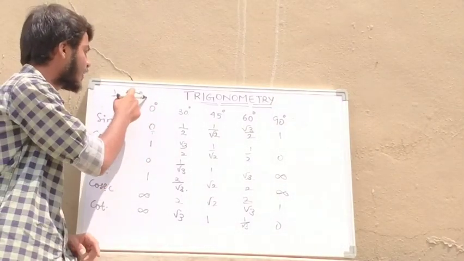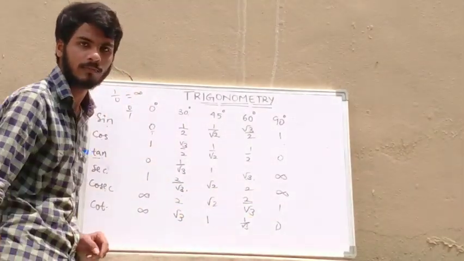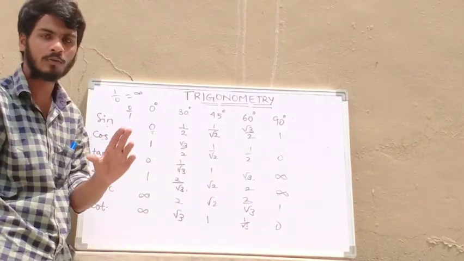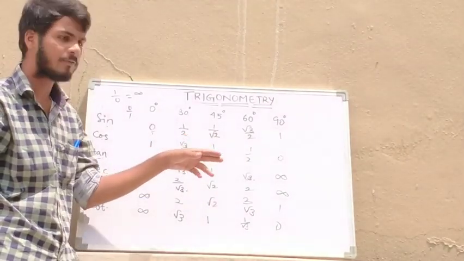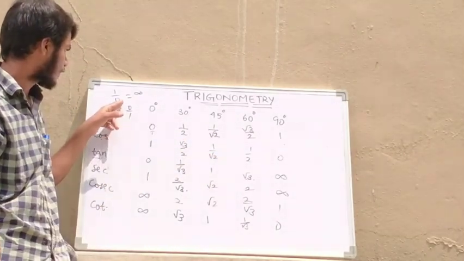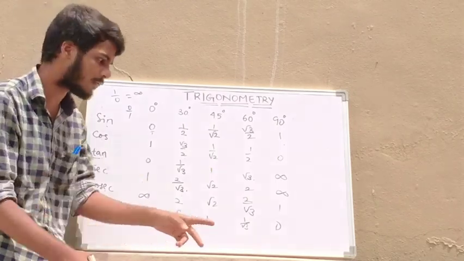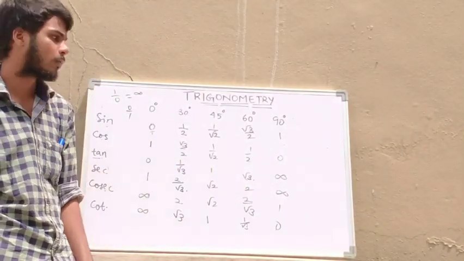The reciprocal of infinity is the reciprocal of 1 by 0, which is 0 by 1. So 0 by 1 is 0. That is what we write: the reciprocal of infinity is 0.